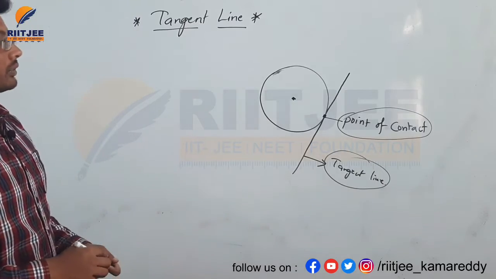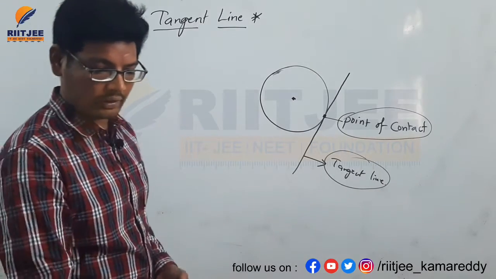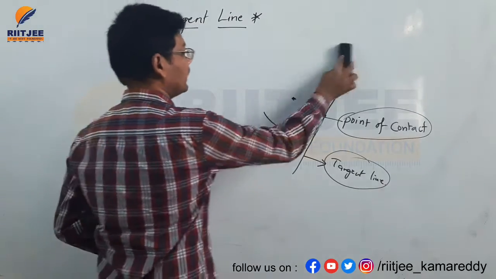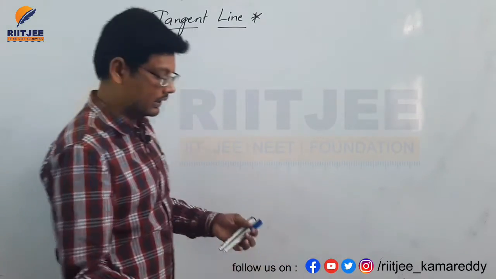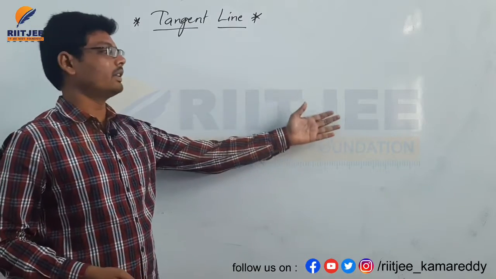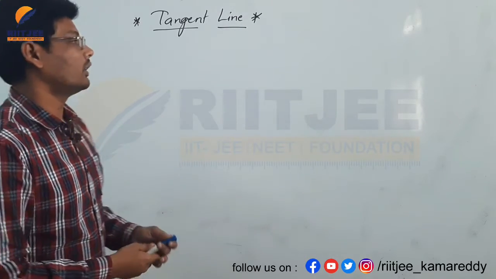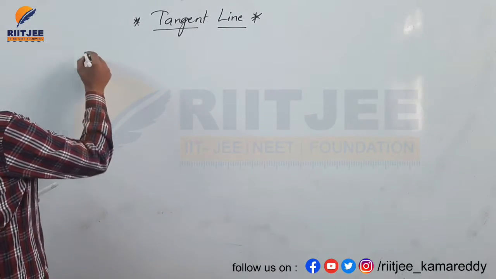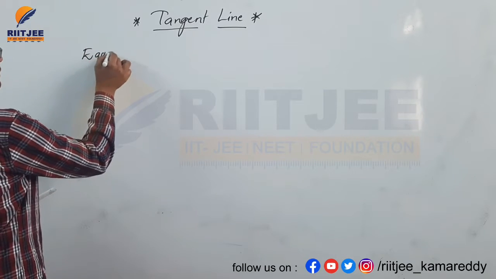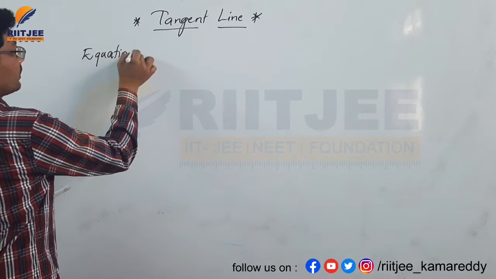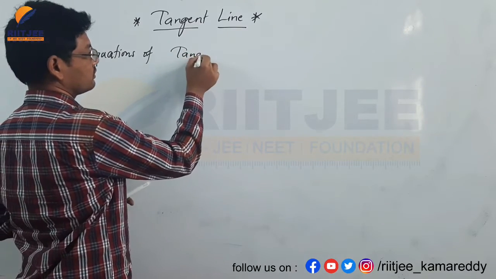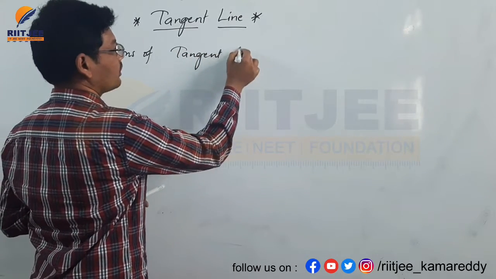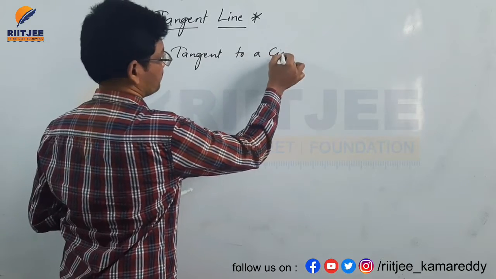And here the next one is the equation of tangents. Here we learned the tangent and point of contact, and the next topic is equations of tangent to a circle.